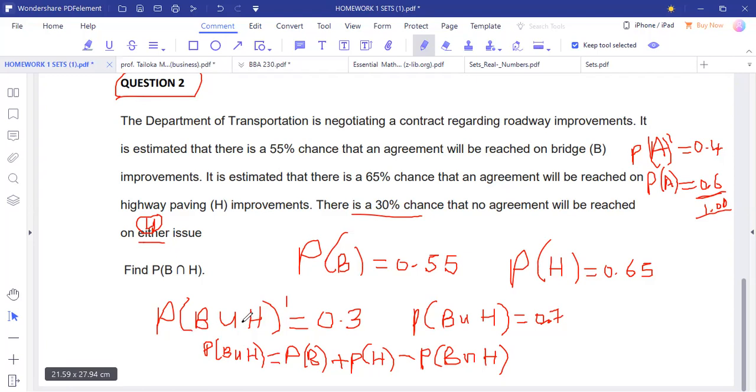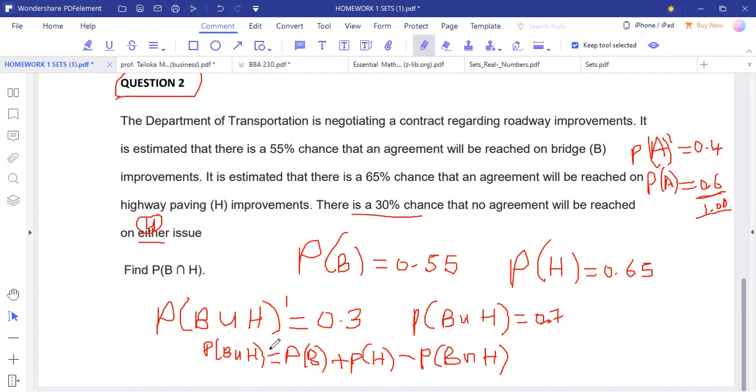The probability of B union H complement is 0.3, so the probability of B union H is 0.7, so that when you add these two, you get 1.